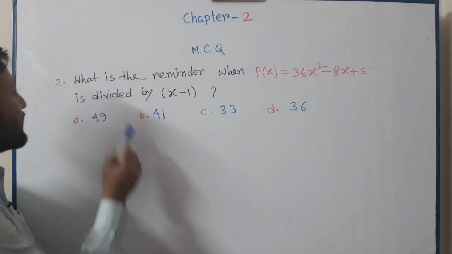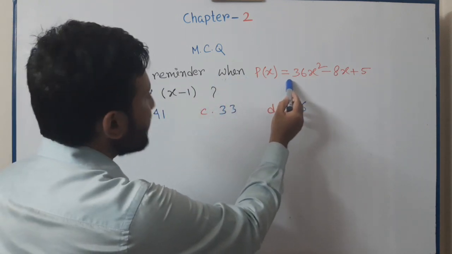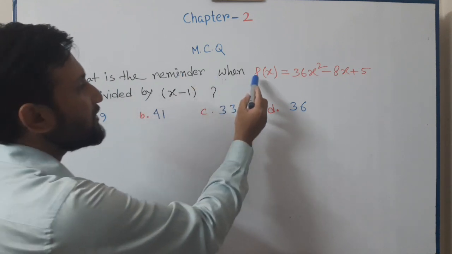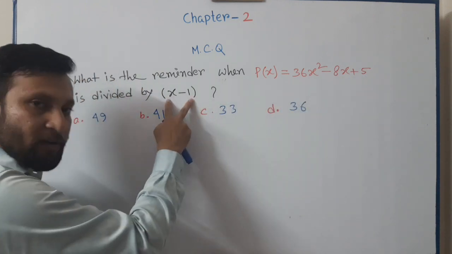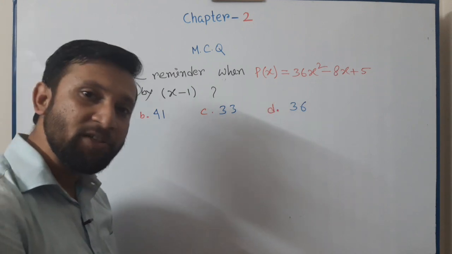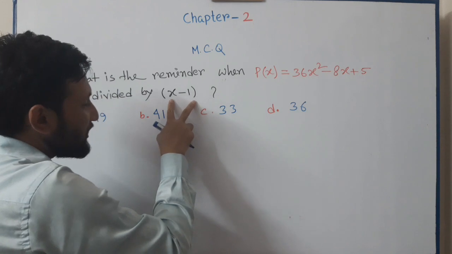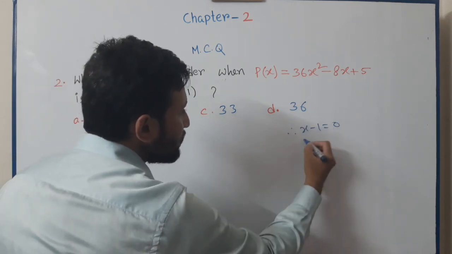Next MCQ, the question is, what is the remainder when the polynomial p of x is divided by x minus 1? We have to identify the remainder of this polynomial when divided by x minus 1. We can easily find our remainder by using the remainder theorem. If this polynomial is divided by x minus 1, then x minus 1 equal to 0, so x equal to 1.